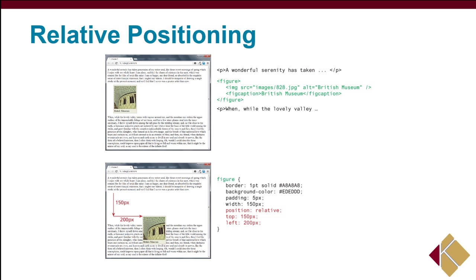So that would be that paragraph, 150 pixels down, and then 200 pixels to the left of that, basically margin side of the window. So it completely changes the flow of the page. And also notice that it is completely covering up the text in that area.